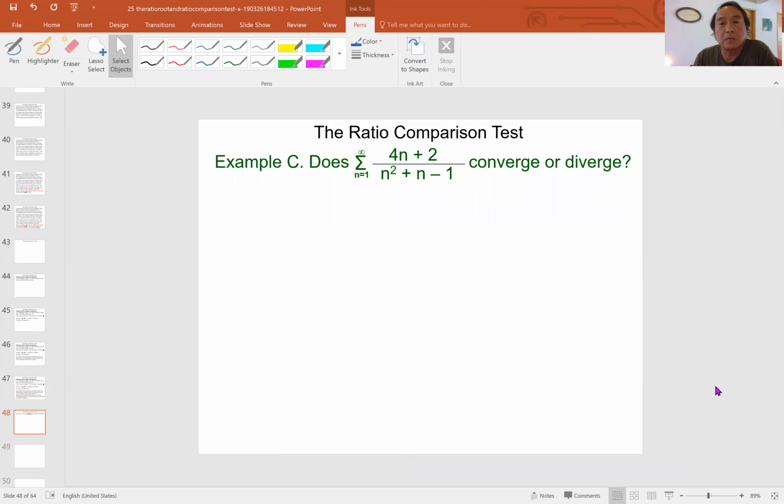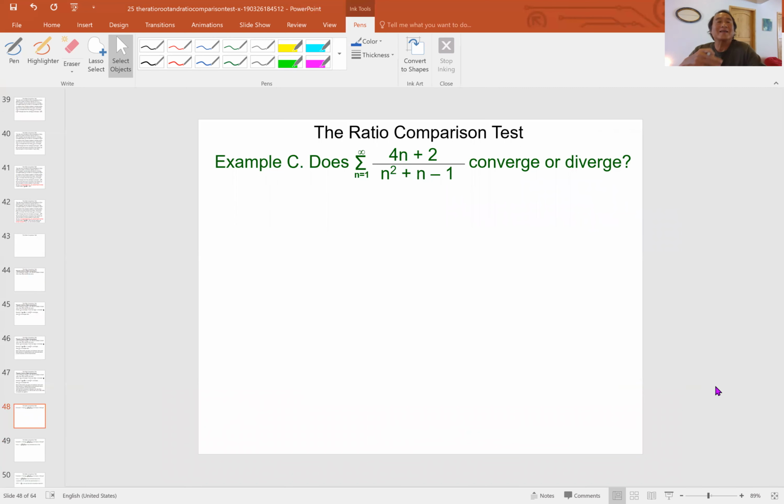What is this good for? It is good for throwing away the parts we don't want. For instance, if I look at this in a problem and ask whether this sum converges or diverges, the part that's not important as n goes to infinity for the top is the 2. So I really don't need to consider this 2. In a similar manner, this n minus 1 becomes insignificant compared to n squared, so I want to throw away that part.